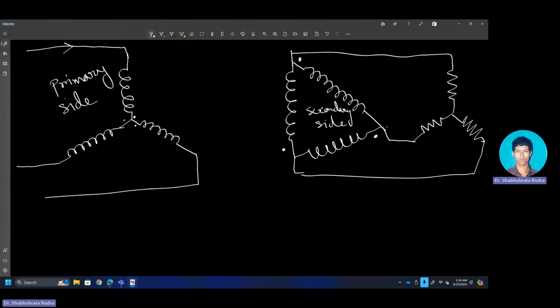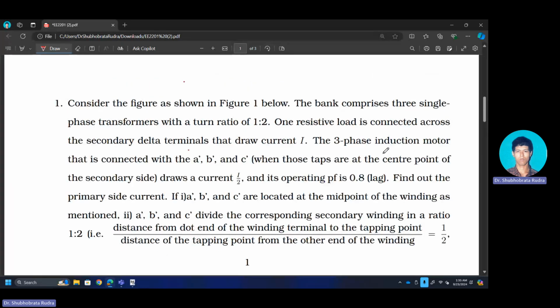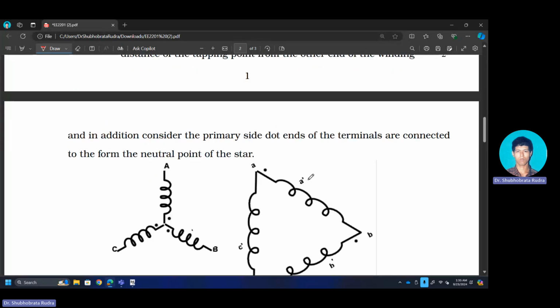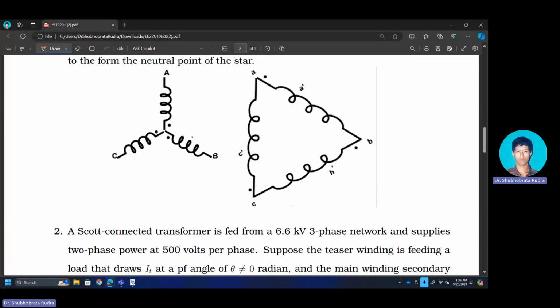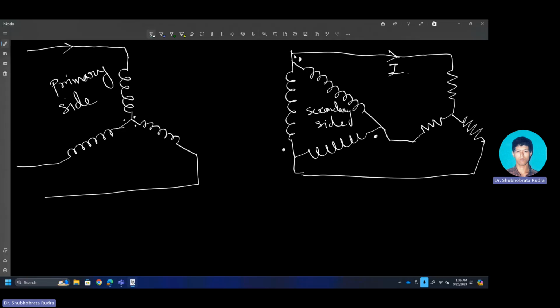So this is my circuit for the first case. And here the current drawn is I. The governing equation should be written in this case. If we consider the mid tapping stated here, that you connect some load across A dash, B dash, C dash, now I am just supposing no load is connected across A dash, B dash, C dash, and only the load is connected across the normal delta.